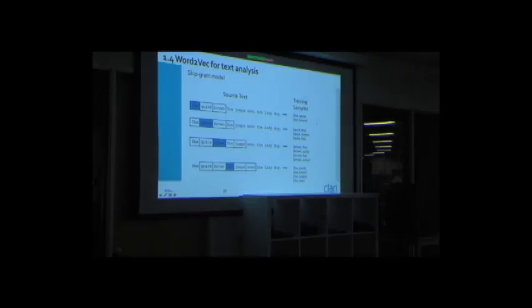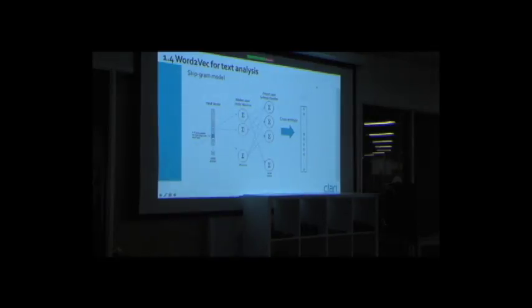Then we get a training sample like the and quick. Here the is the central word and quick is the surrounding word. We also get another pair, where the is the central word and brown is the surrounding word. Then we shift the window one step. Now we have quick as the central word this time, and the, brown, and fox are the surrounding words we want to capture. For a very long sentence or paragraph, you can generate tons of training samples.